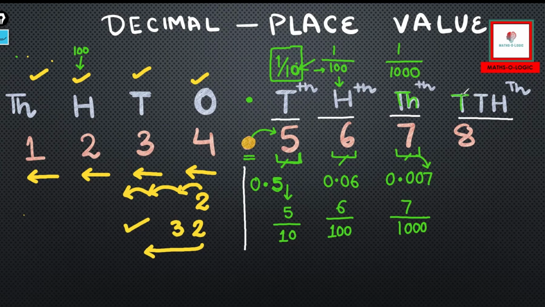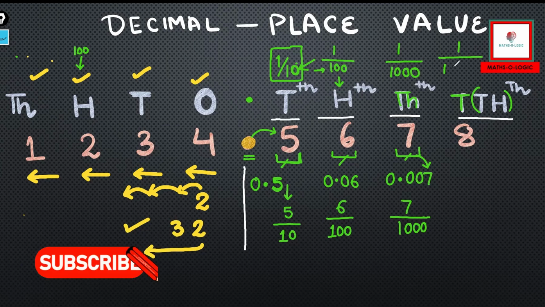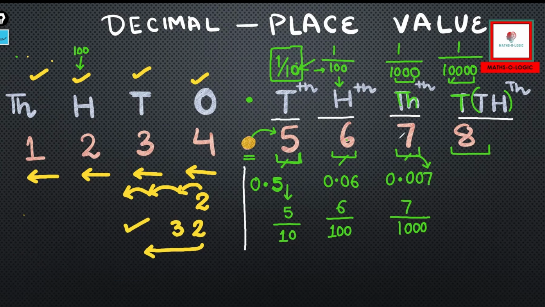Now let's see the 10,000. This T is 10 and this is 10,000. So how can we write 10,000? Because we had 3 zeros in the 1000 and one more will be added in the 10,000. Now see what will happen to the 8 in the decimal form. There are 3 digits before 8, so 5, 6, 7. There are 3 numbers here after the decimal.